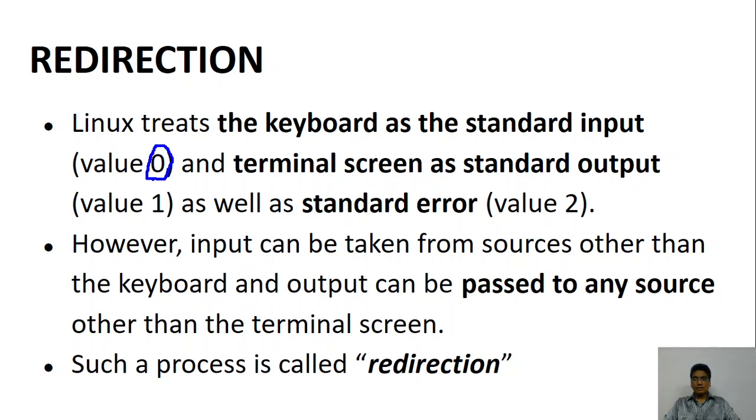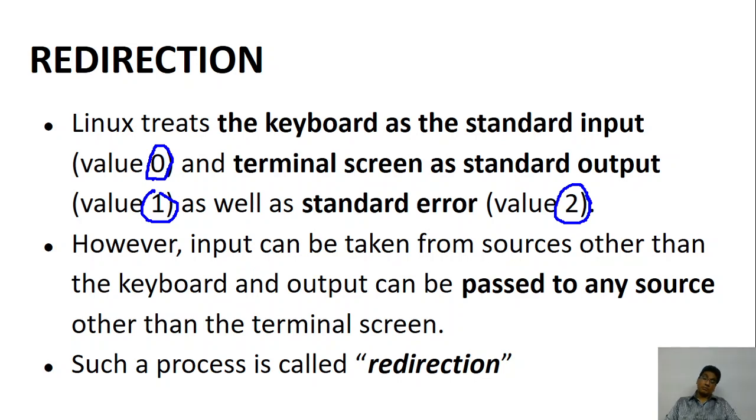And whenever there is an error, like if the syntax is not proper, the error is also directed to the terminal, but its value is 2. So we have the input as 0, the output as 1, and the standard error as the value 2.